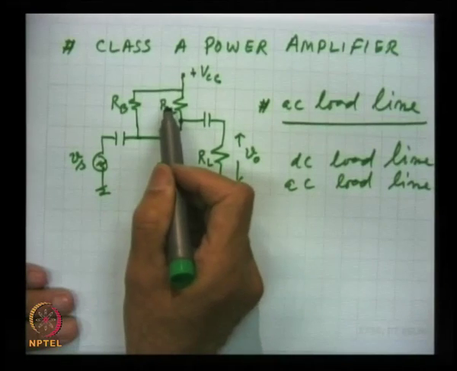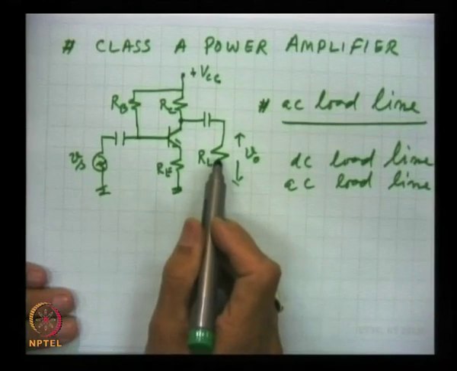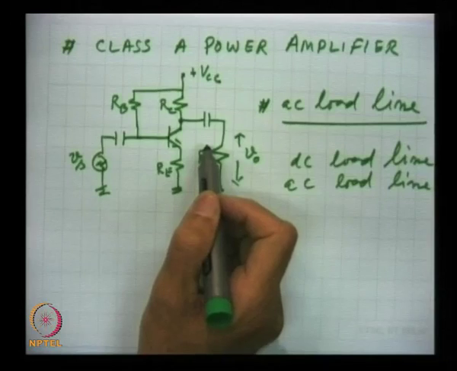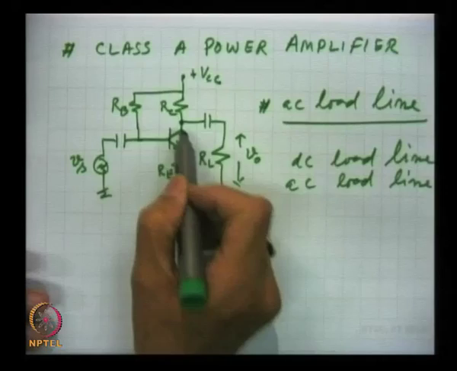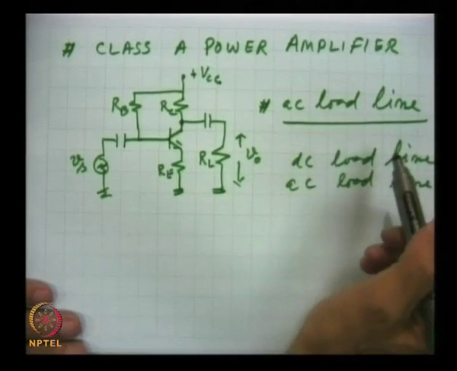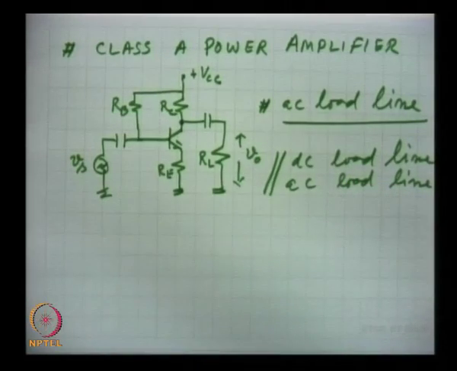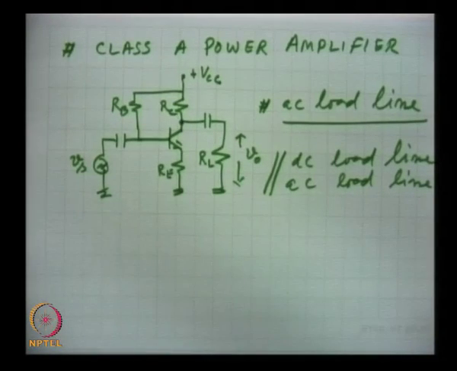If this is 100 ohms and this is 100 ohms, then the effective resistance will be 50 ohms. So, while the collector will see 100 ohms for DC, for AC it will see 50 ohms, and hence the AC load line and DC load line are different, because the impedances seen by the collector at DC and at AC are different. So, we require the AC load line, which is very useful as we will see in the analysis.